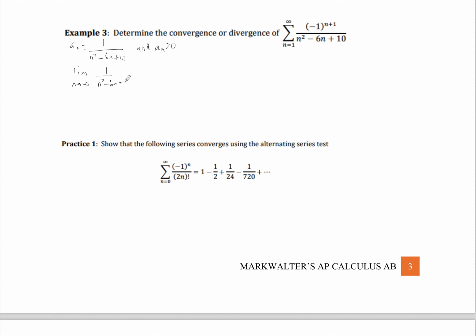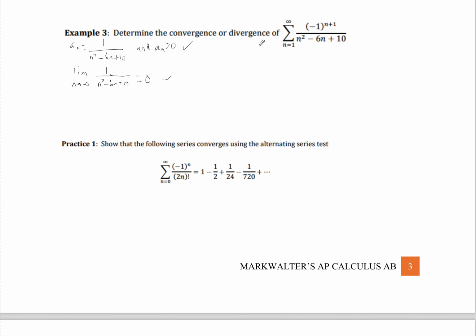Well, n goes to infinity, so the denominator grows. This does go to 0. So we've checked positive, and the limit as n goes to infinity goes to 0. Now we have to get to the hard part. Here's what's difficult. It's hard to tell what's going to happen here when n is greater than 1.